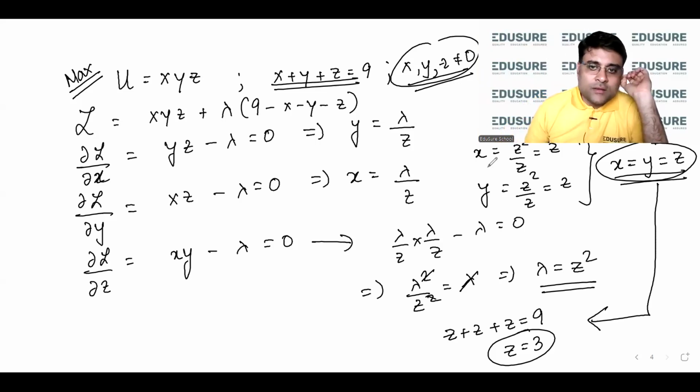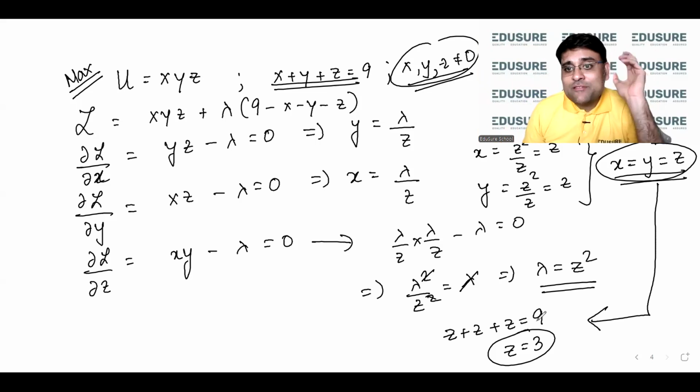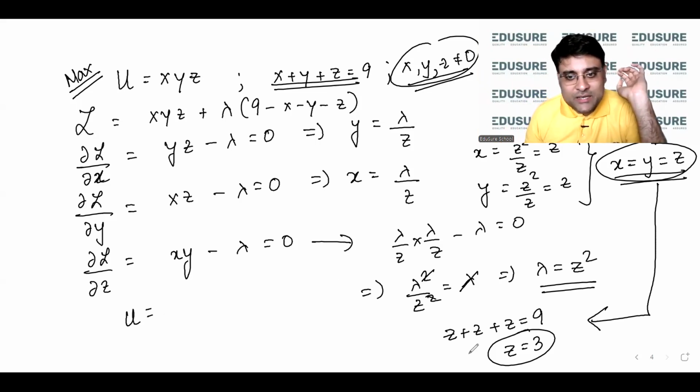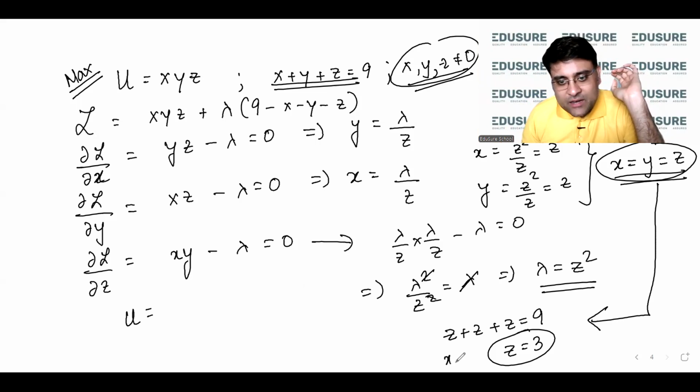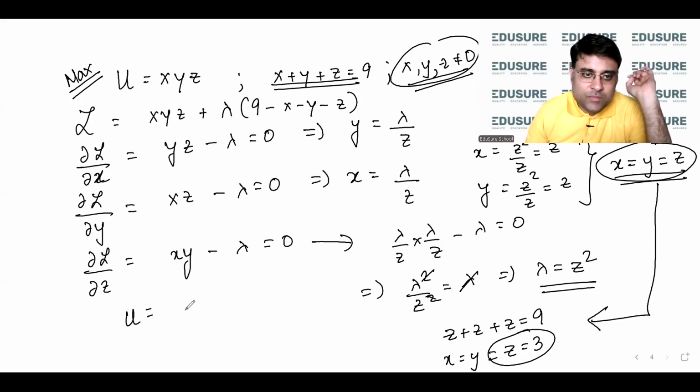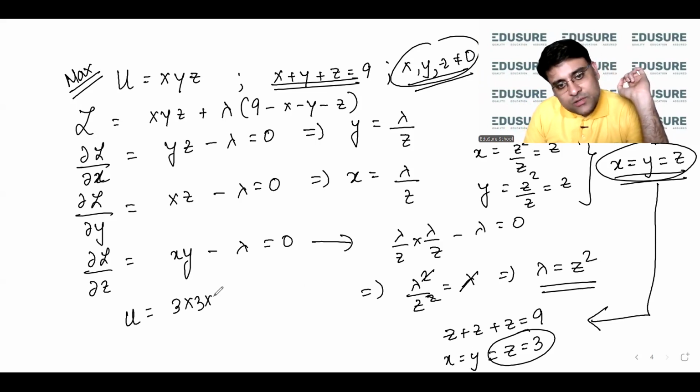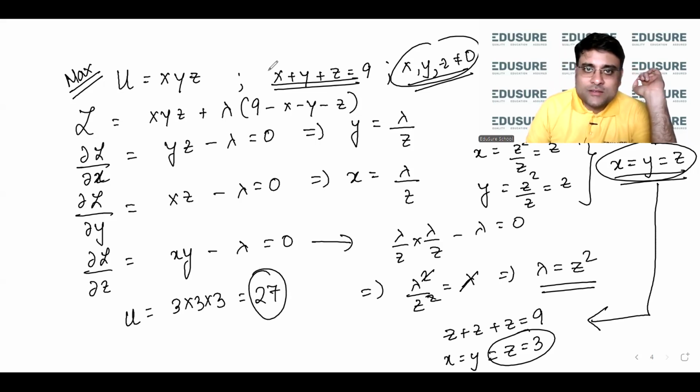ठीक है? Anyway, इसको solve करने के बाद में we get z is equal to 3. So utility function is basically x, y and z are all equal to 3. So 3 into 3 into 3, this is my maximizing value. ठीक है?